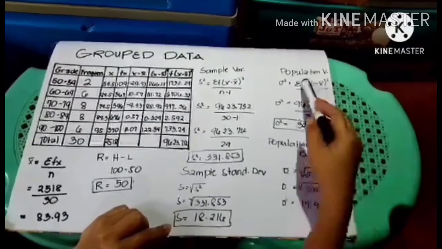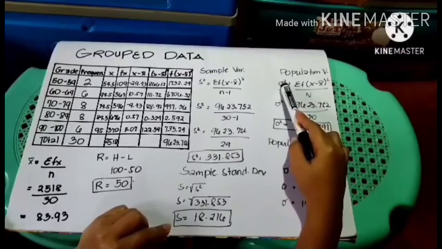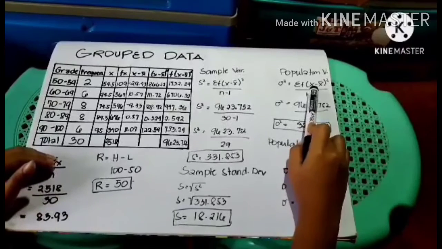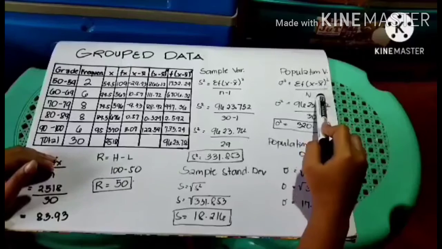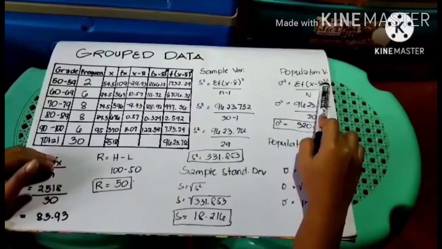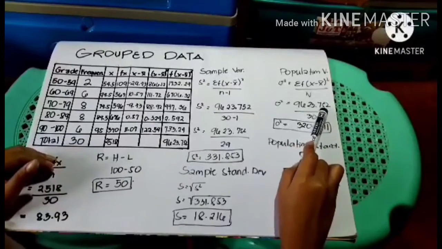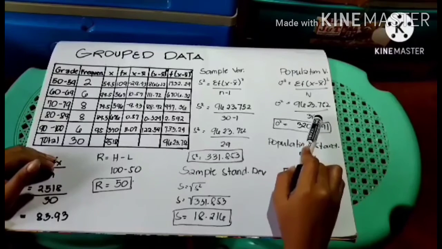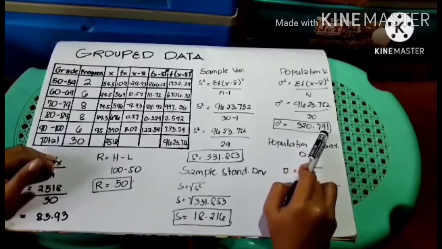To get the population variance, the formula is sigma squared is equal to the summation of f multiplied by x minus x bar squared over n. Our result of f times x minus x bar squared is 9,623.752, divided by our n, which is 30, is equal to 320.791.